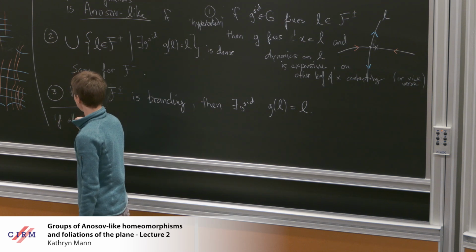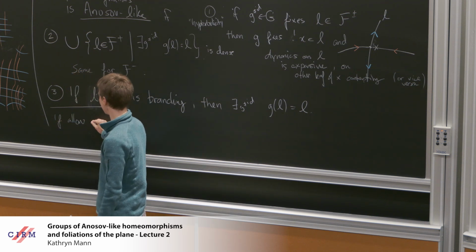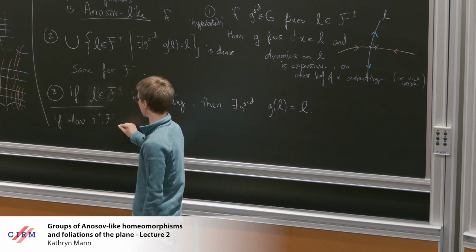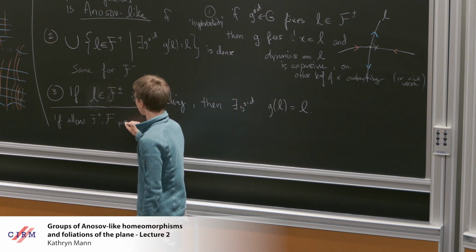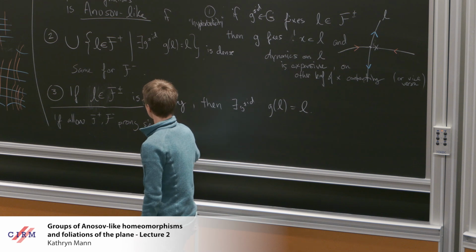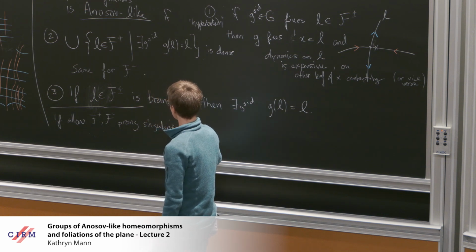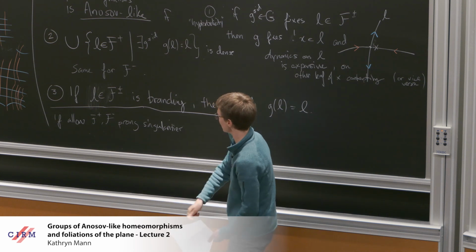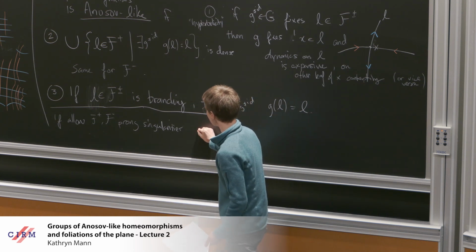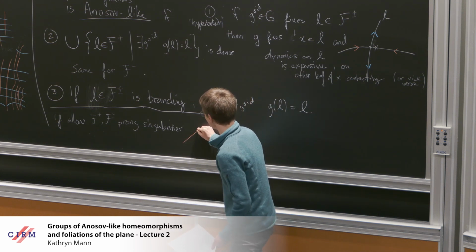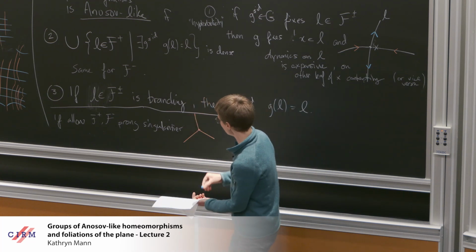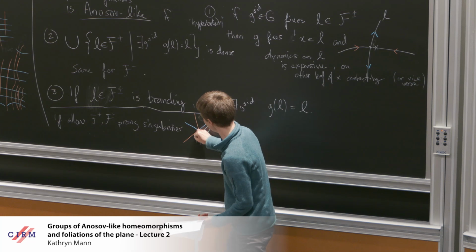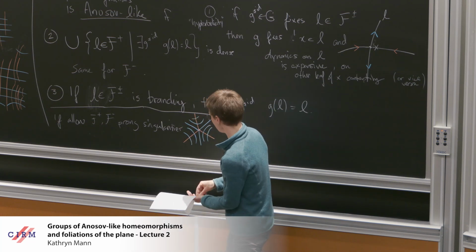If you like pseudo-Anosov type behavior, so if you want to allow your foliations to have isolated prong singularities, meaning instead of just being transverse foliations, you allow some, I'll draw a 3-prong, you allow some k prongs for k at least 3. So that's a singular point of one of them. Local neighborhood should look like this of the pair.